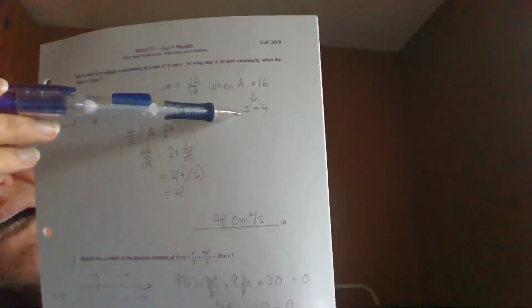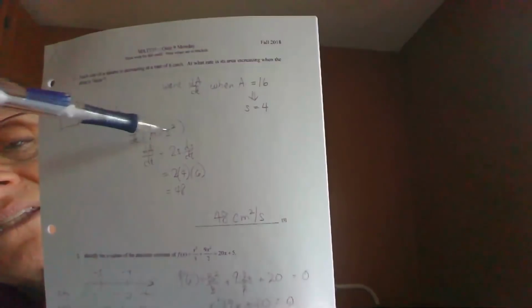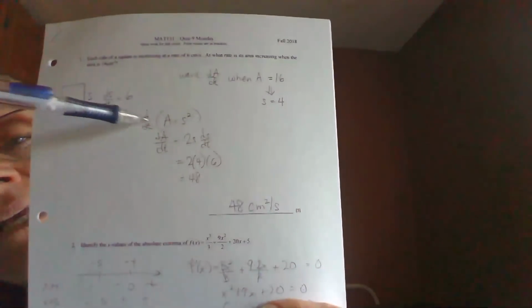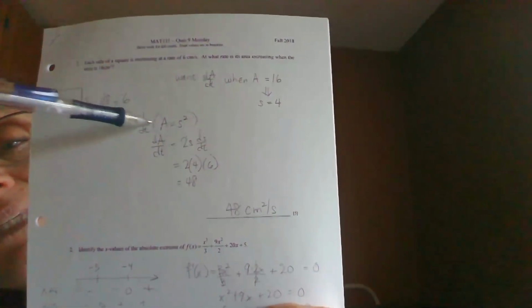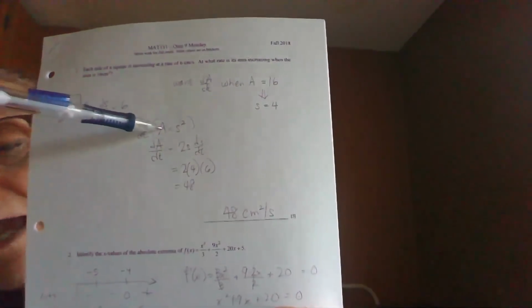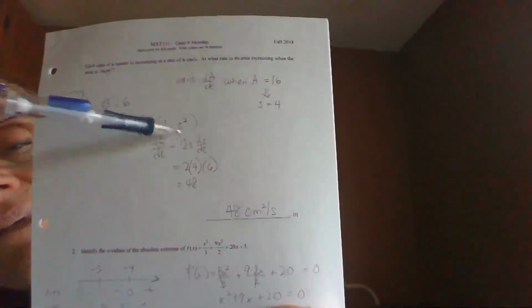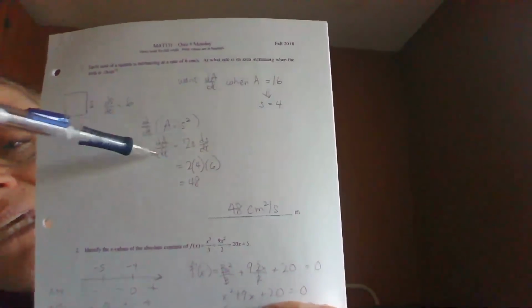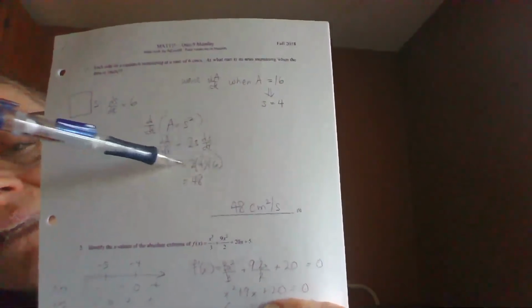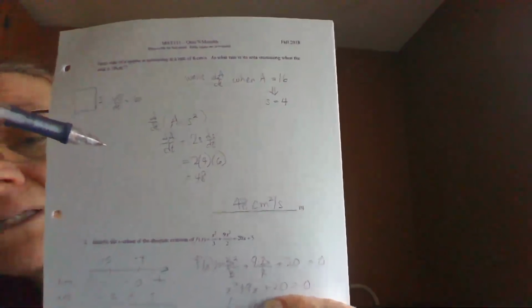In other words, when one of the sides is 4, because it's a square. I get dA/dt by taking the derivative of the area formula of a square, so I have 2s ds/dt, and then I'm just plugging in. Make sure you know how to get your units.